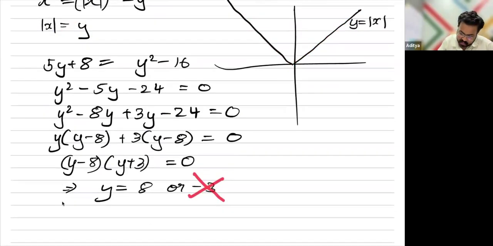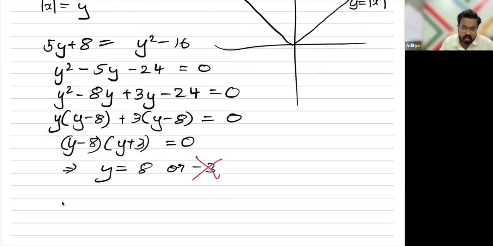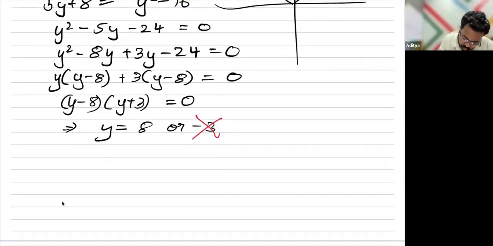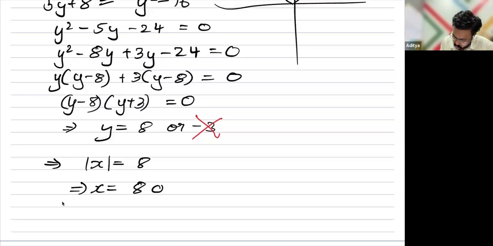So minus 3 as a value is non-acceptable for y. x could be minus 3, it's fine, but when x is minus 3, y will become 3. So from here you get mod x is equal to 8, which implies x is equal to 8 or minus 8. These are the only two possible solutions for x. And when you multiply them, you will get minus 64.